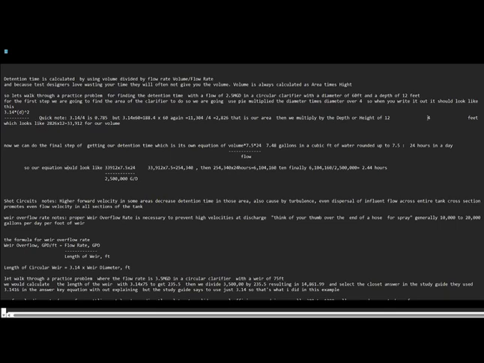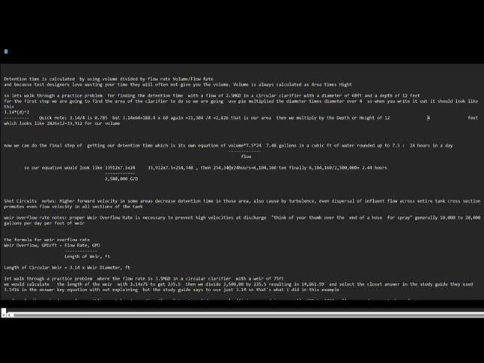Okay, so our equation should look like this to get the detention time. We have our 33,912 times 7.5 times 24 divided by 2.5 million gallons per day. We go ahead and run 33,912 times 7.5 to get 254,340.